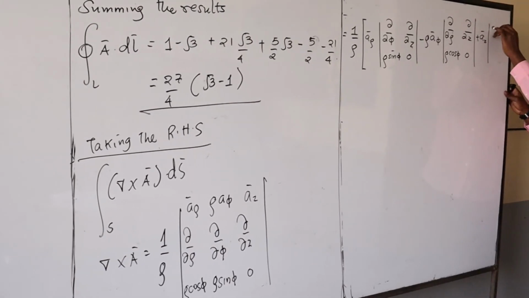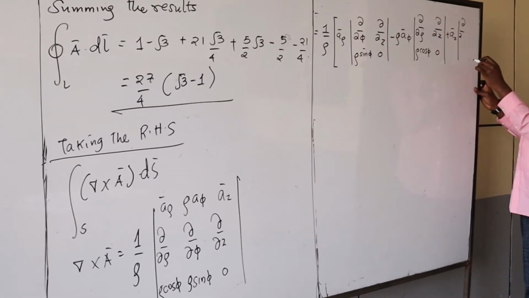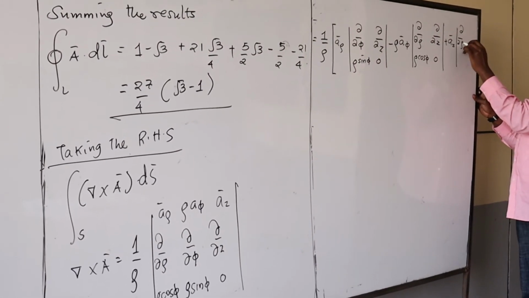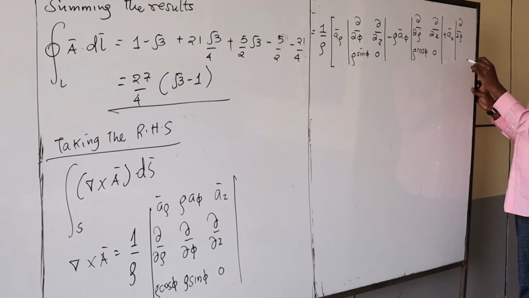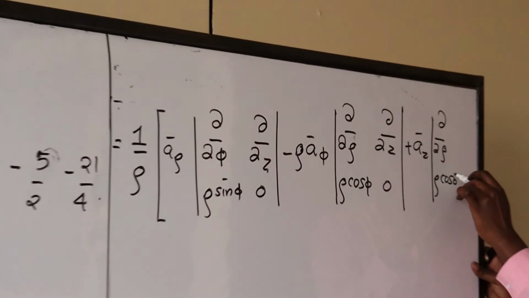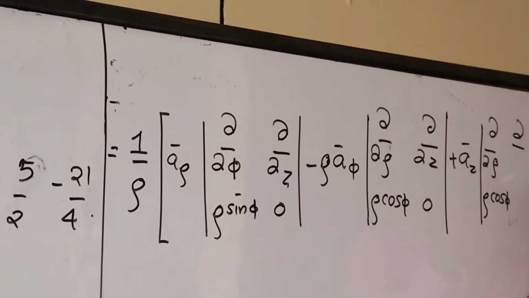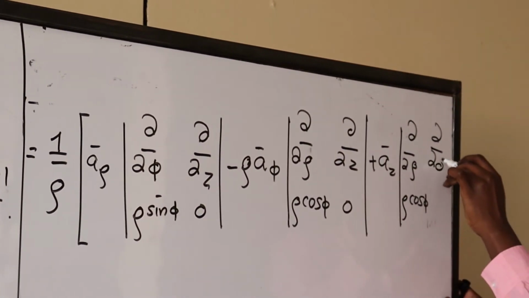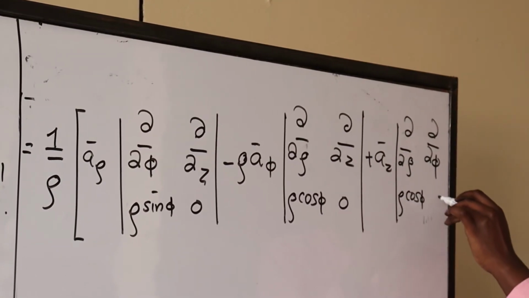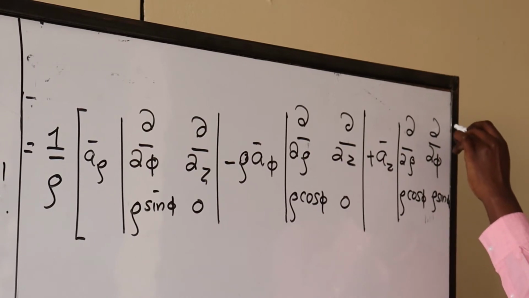Then we have partial rho, cos phi. Then we have partial phi. Then this is rho sine phi.